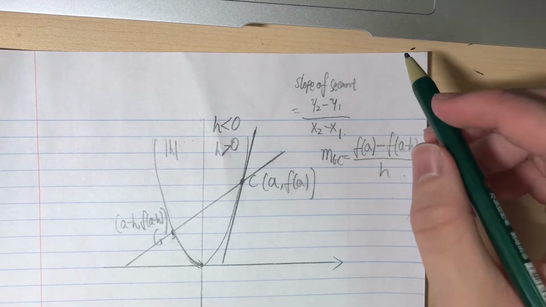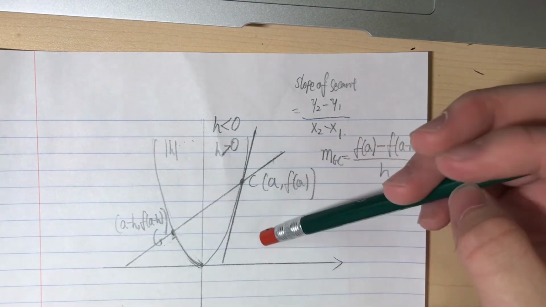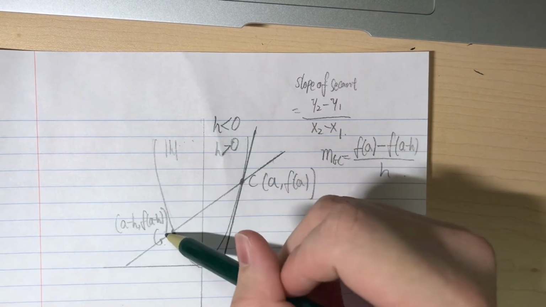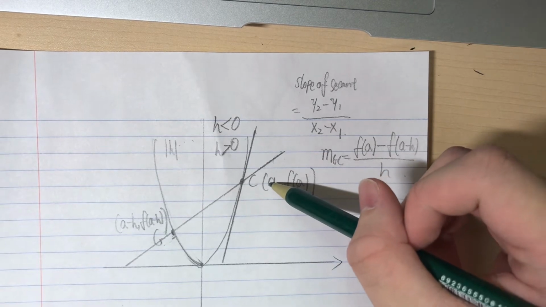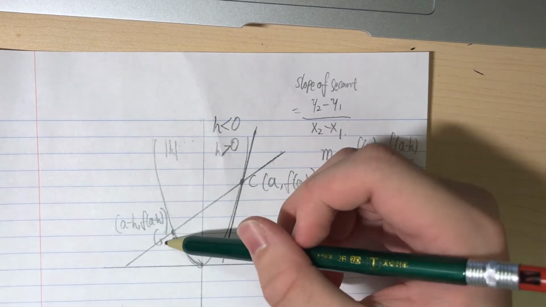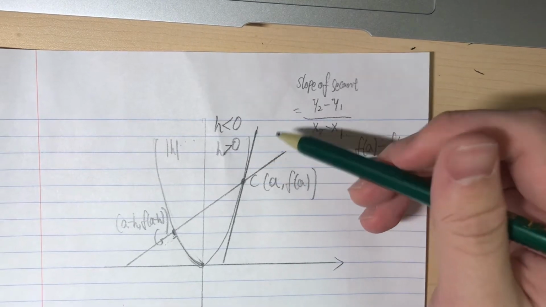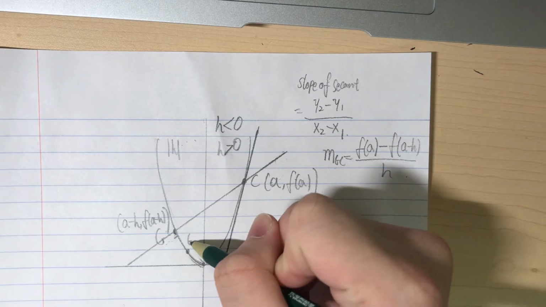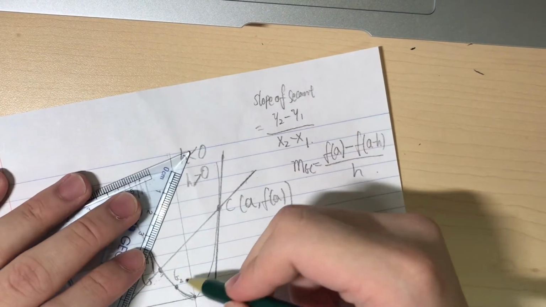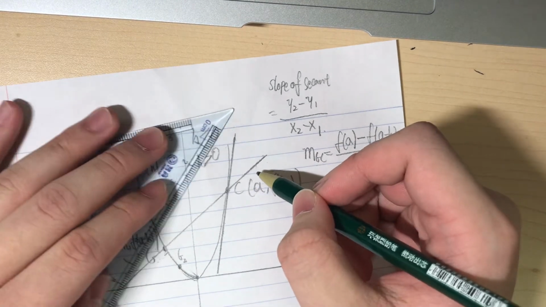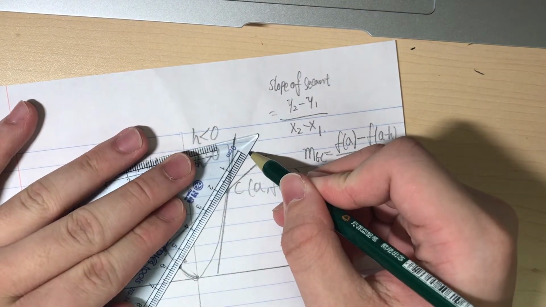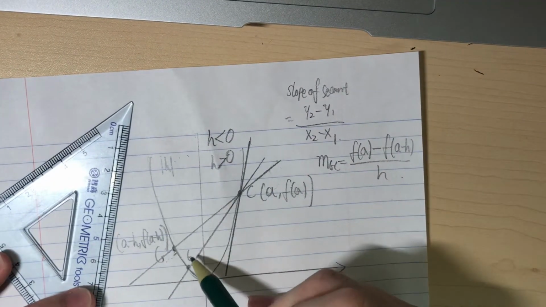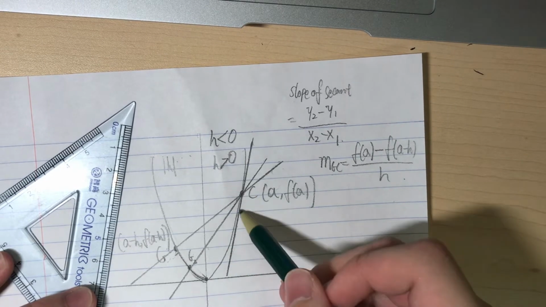And then I will talk about the next step. I will make point G approach point C, which means I will make the x value of point G approach the x value of point C. Then I will make the second point of G, which is G2, and I will draw a line across G2 and point C to make a new secant line. Okay, got it. You can see the secant line is approaching the tangent line.